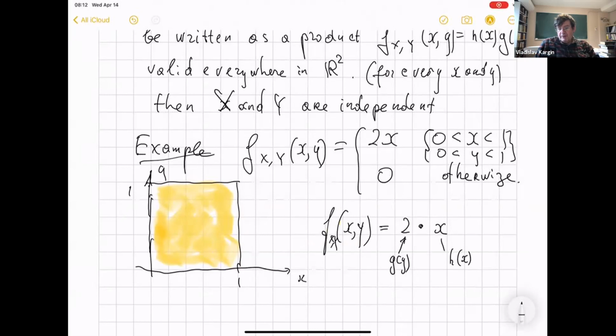Moreover, let me say that this is g of y more precisely, because we also have this condition on the range. So g of y will be equal to 2 if y is between 0 and 1, and 0 otherwise.